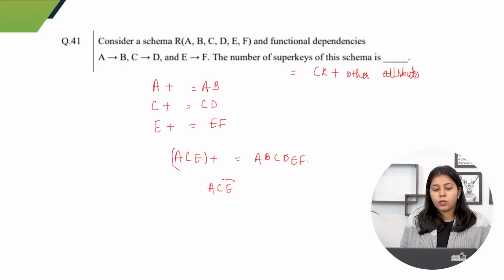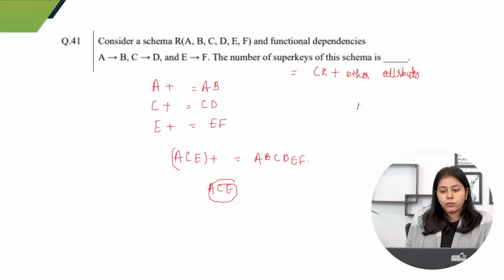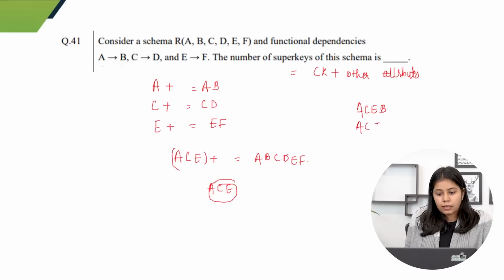Because I get the candidate key as ACE, I can add any other attribute. So I can take ACE with B, ACE with D, and ACE with F. Right? These three values are possible.